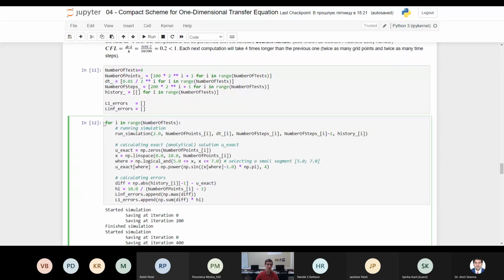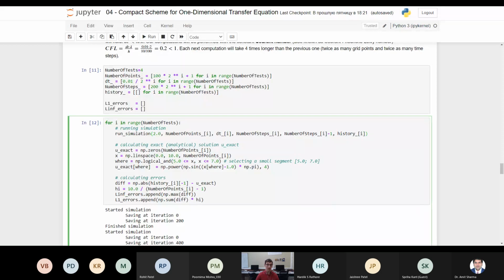So here in this cycle we run all our tests. So we call run simulation multiple times. That's why we separated the functionality in a separate function.